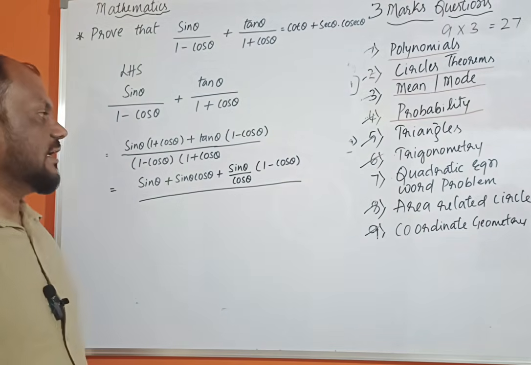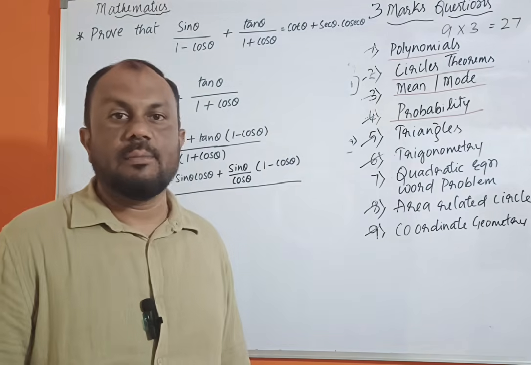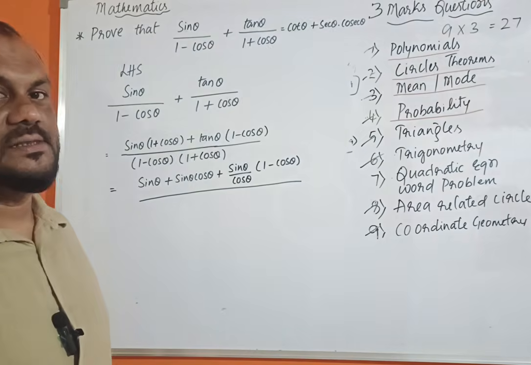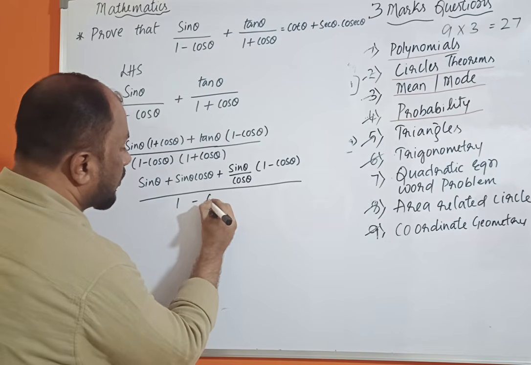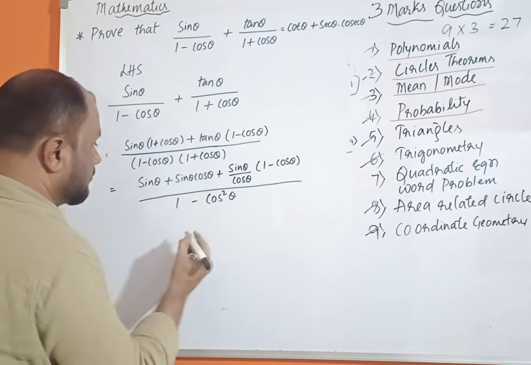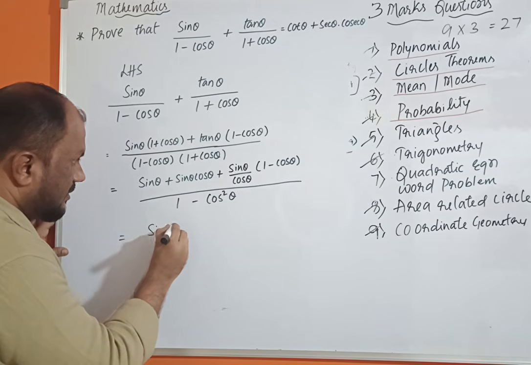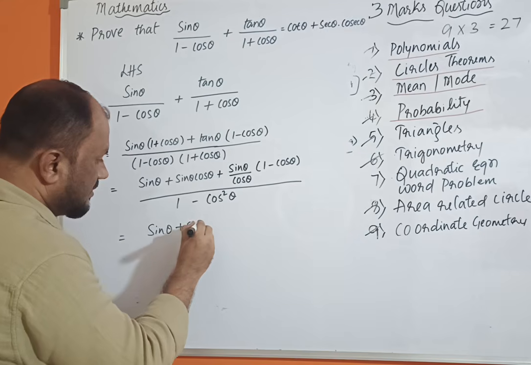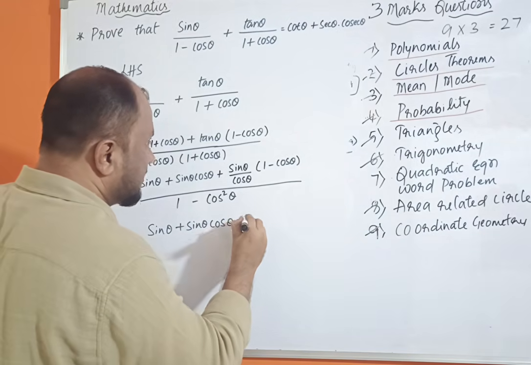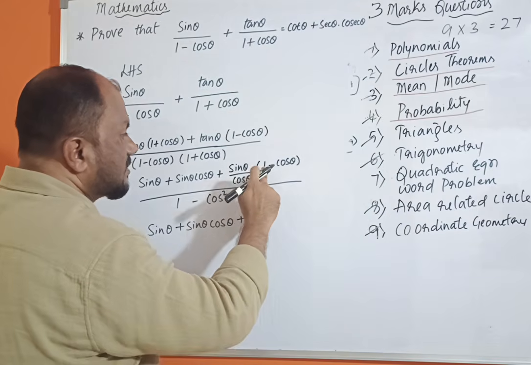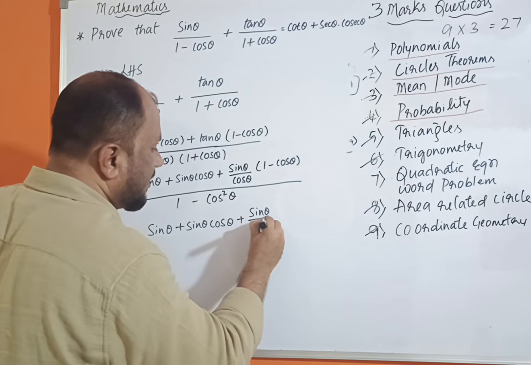1 minus cos theta into 1 plus cos theta is following the identity (a plus b) into (a minus b) is equal to a square minus b square. So a square is 1 square, 1, minus b square is cos square theta. Next, sin theta plus sin theta cos theta plus sin theta upon cos theta into 1 is sin theta by cos theta.